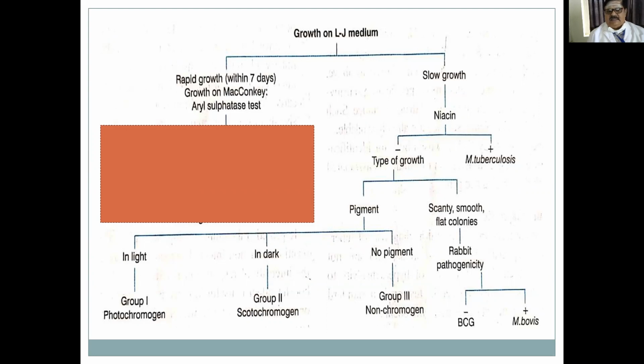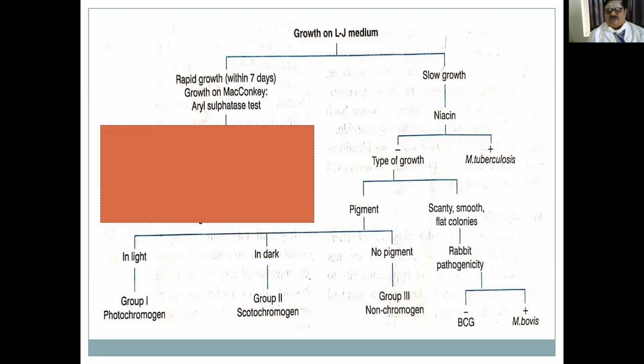That is, if you see growth on MacConkey and the arylsulfatase test is positive, they are rapid growers, they grow in 1 week. So that we will consider separately while we are talking about non-tuberculous mycobacteria or atypical mycobacteria.